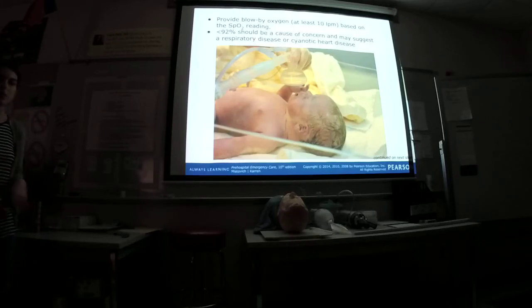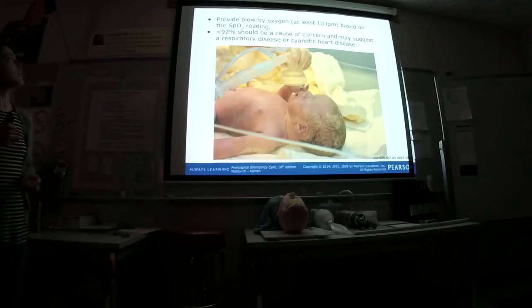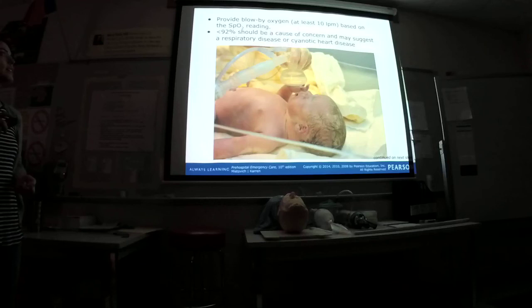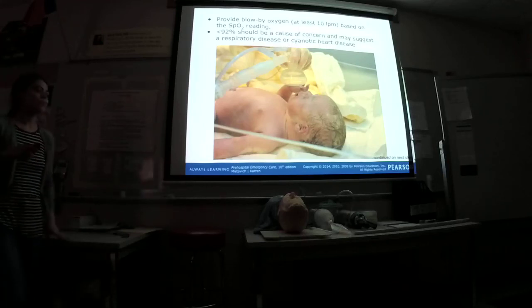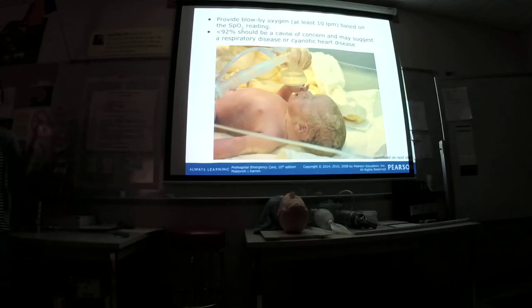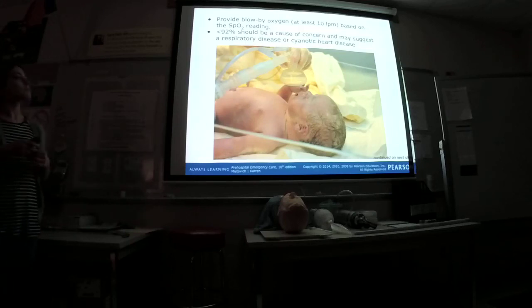Usually it'll be on the baby's foot or on their right hand, usually on their right side. Yeah, and at least 10 liters per minute. I remember there was a question on the National Registry where they asked about this blow-by technique, and I completely forgot what it was, but just know this term, blow-by oxygen. That's how you deliver oxygen to a baby.